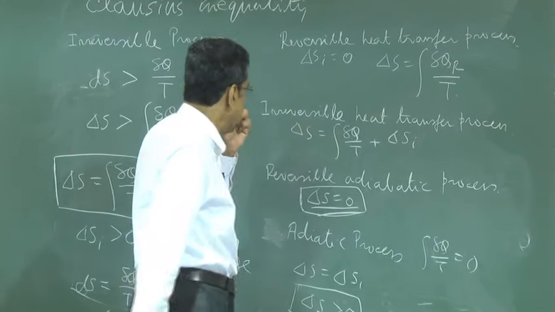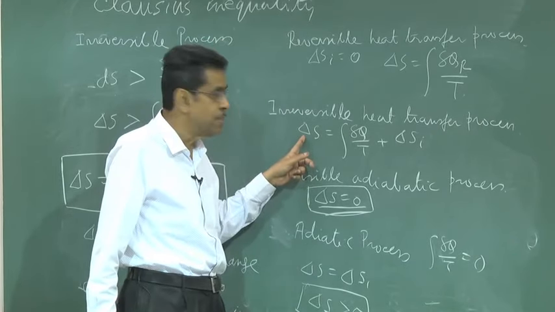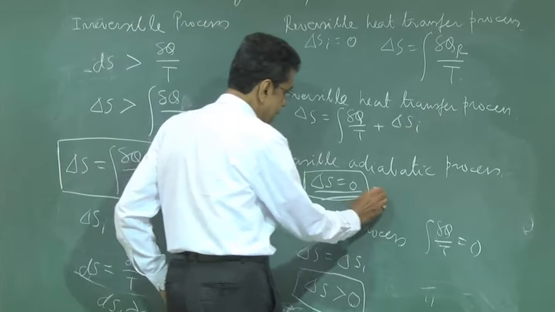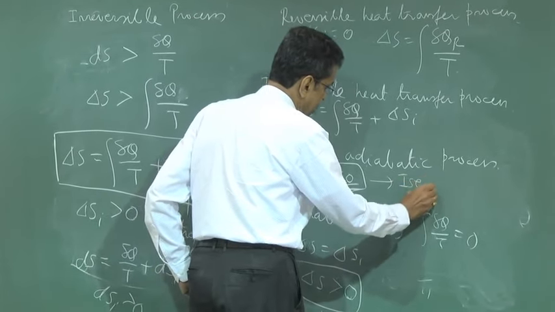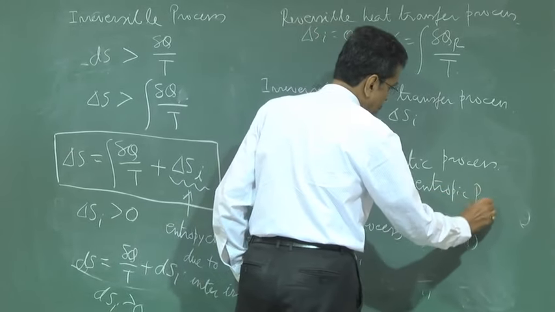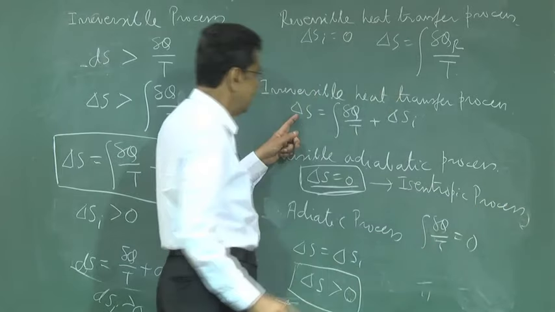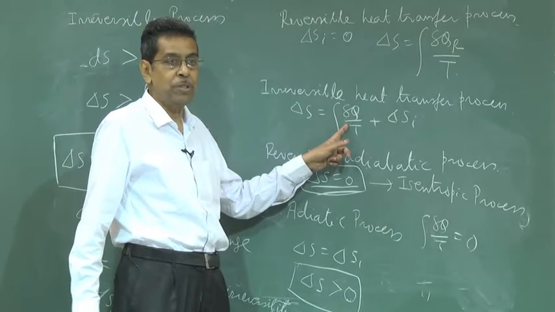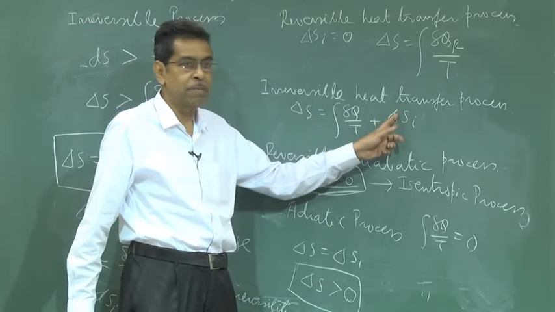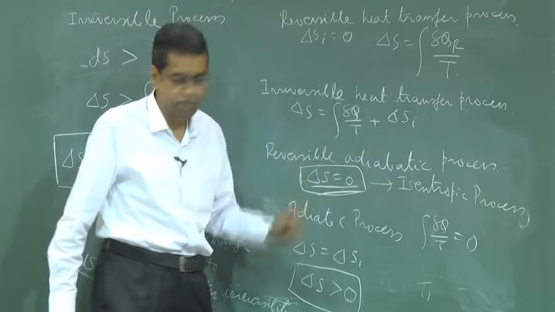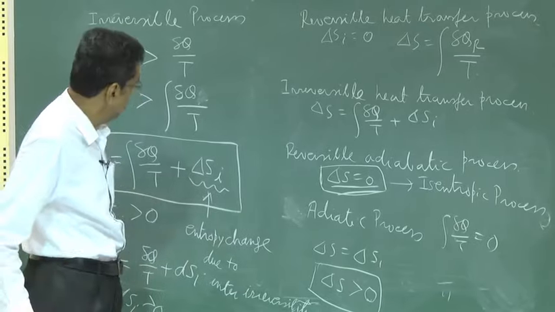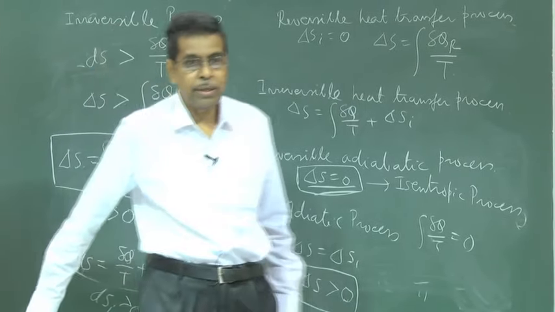But here the entropy change may be 0 without the process being isentropic. Isentropic means that at all state points of the process, entropy remains the same. Here the entropy change may be 0 because of the balance between the two: the irreversible process rejects heat, which is negative, while the internal irreversibility delta Si is positive, and they may make 0. I will solve an interesting problem to explain this. Okay, today it is up to this.